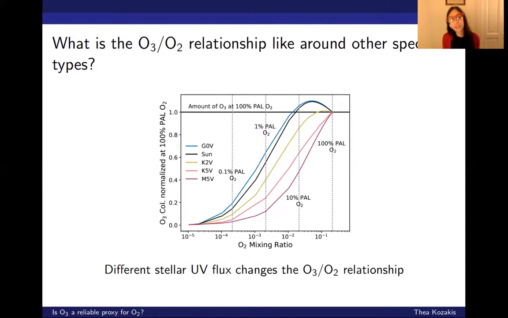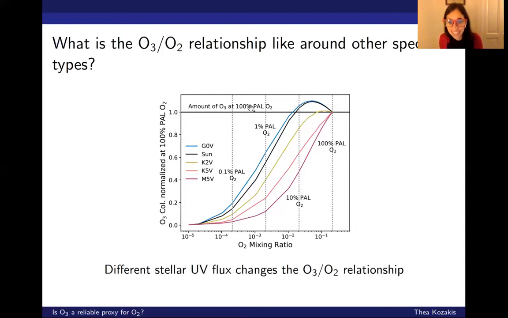So if we want to directly compare the ozone-O2 relationship for these different stars, it can be helpful to normalize them. So what I've done here is I've normalized each of these models to the ozone content for that spectral type when I run the model with 100% of our present atmospheric level of O2. So this line here at 1 just shows that's the amount of ozone for that spectral type at our present level of oxygen.